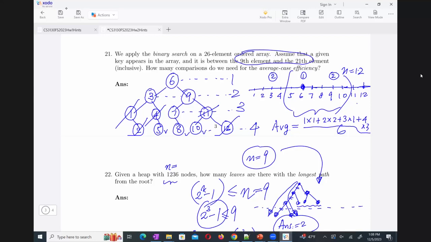But if you use the right median, it's not wrong. But I hope that if you do not have any special consideration, just take the left median. Next question.